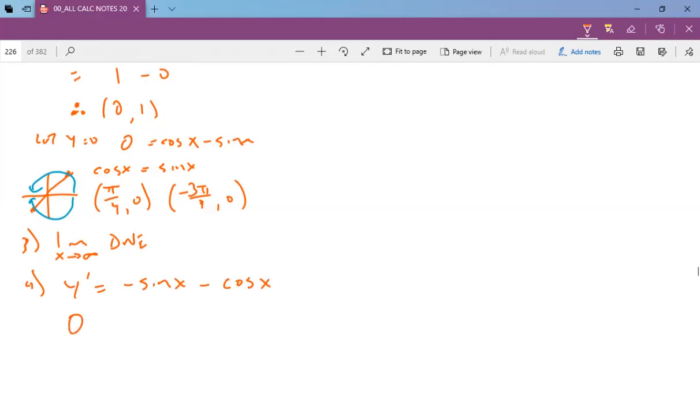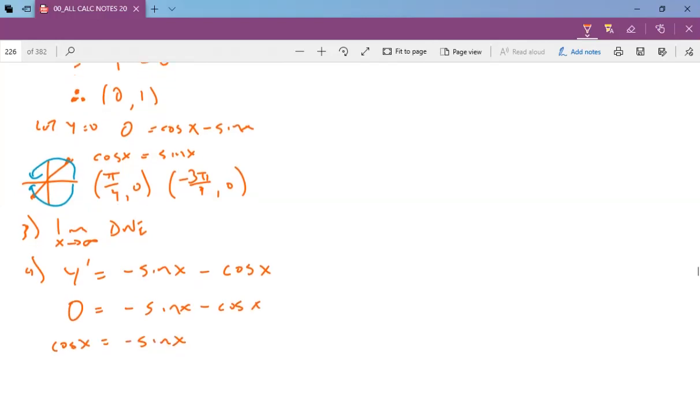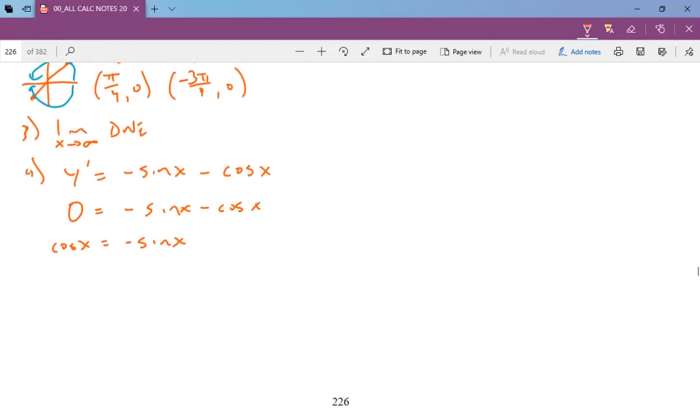If we're looking at our first derivative test, we're letting y prime equal 0, negative sine x minus cos x equals 0, and we end up with cos x equals negative sine x. Where does that happen? Of course, that happens at 3 pi quarters here. Remember that 3 pi quarters, we're going that way, and negative pi to positive pi for our domain. So those are our two solutions.